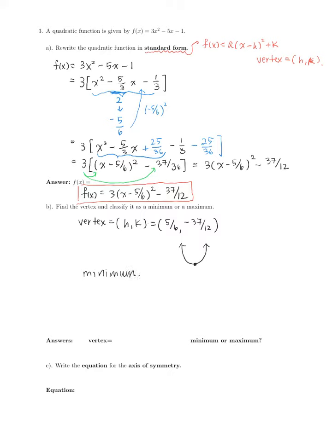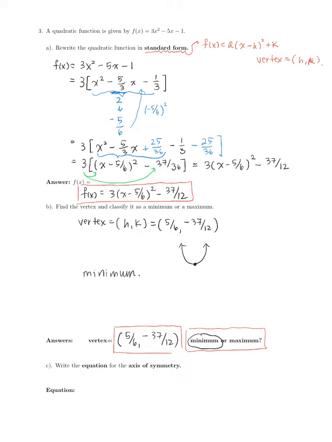So I'm just gonna write down the answer: the vertex is 5 over 6, comma, negative 37 over 12. And maximum or minimum, I'm too lazy to rewrite minimum, so I'm just gonna circle it. I'll just box this whole thing. There you go.